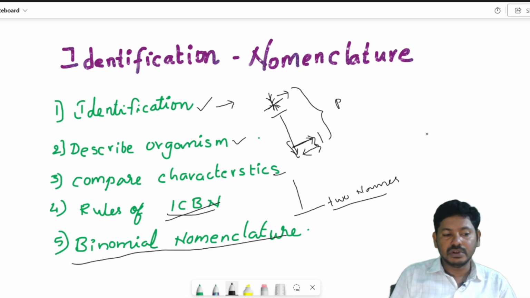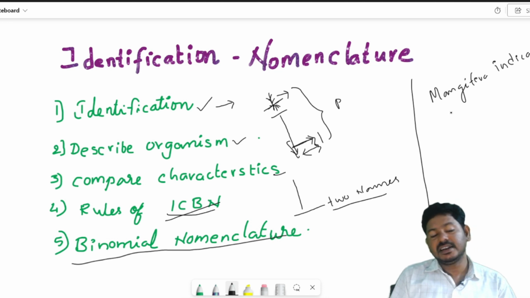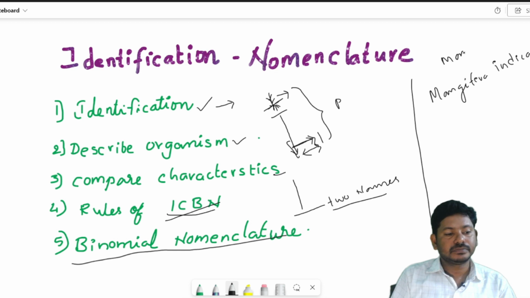For example, if you take a plant whose name is Mangifera indica, this is the name of mango. So we call it mango.